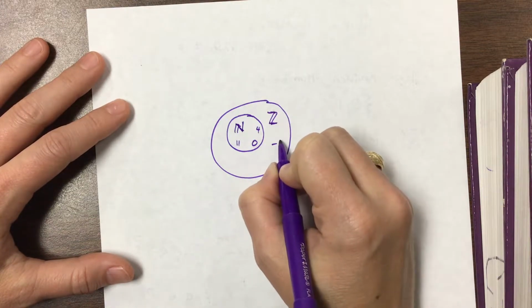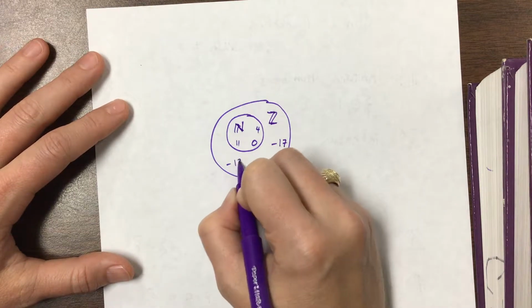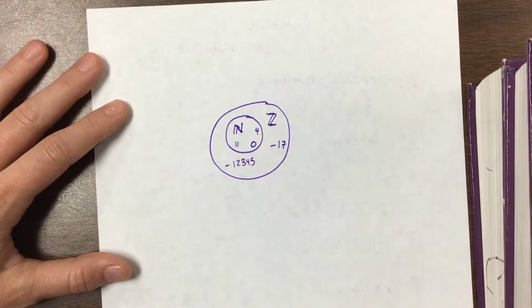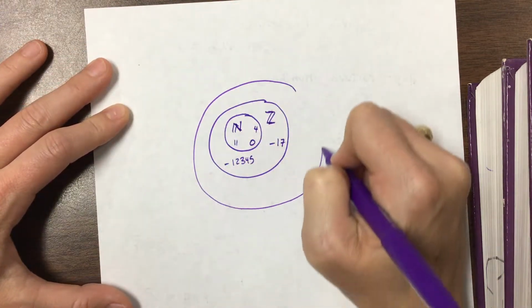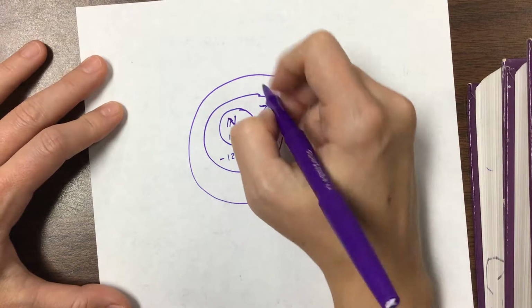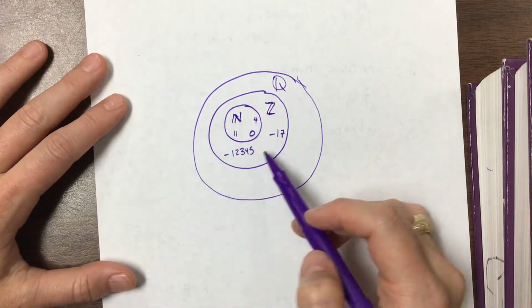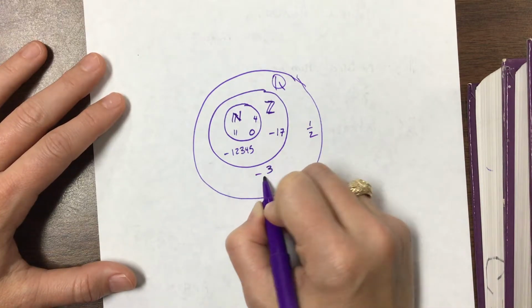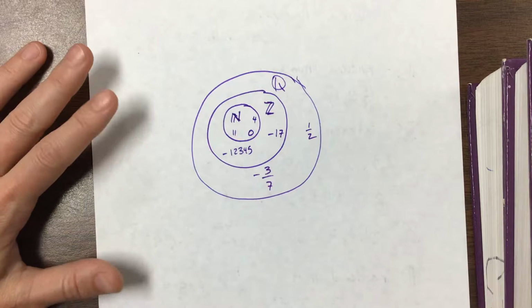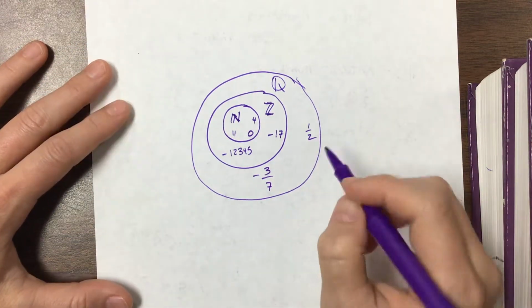Say -17 is out here, and -12345 is also out here. That lives entirely inside the world of rational numbers. Something that's not inside one of these two would be like 1/2 or -3/7, or any fraction where the numerator and the denominator are integers.